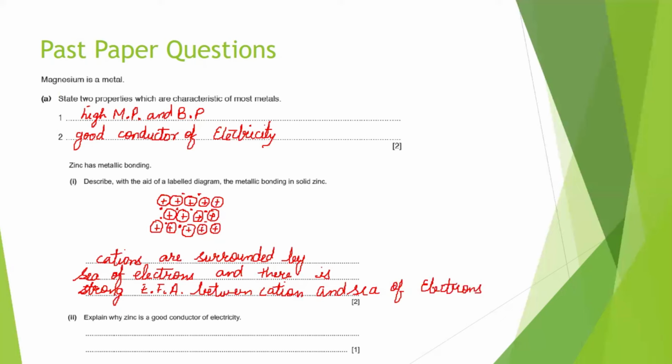Now let's move further. Why is zinc a good conductor of electricity? Because of free moving electrons.